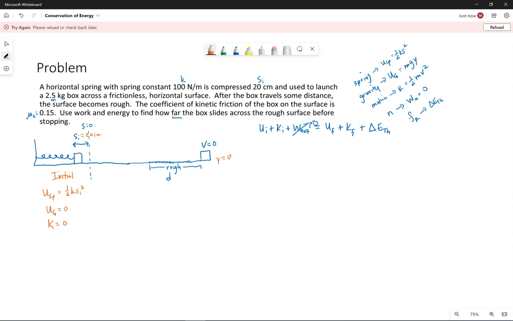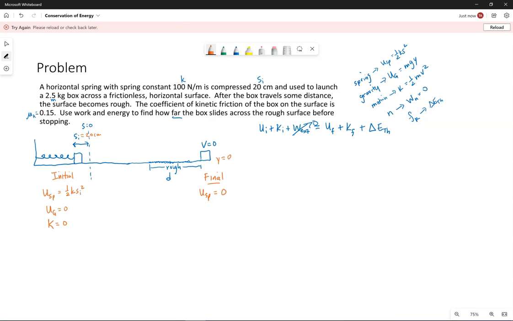Now the final moment in time, I'm actually going to put way over here when the mass has stopped. The spring is not connected to the box, so there's no spring potential energy. But the nice thing is it doesn't matter if the spring's not connected the whole time.